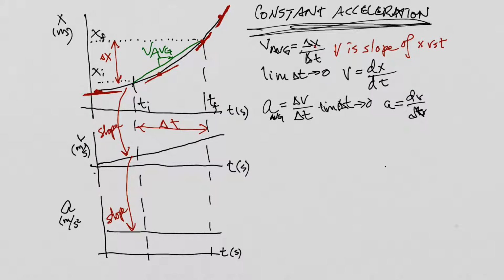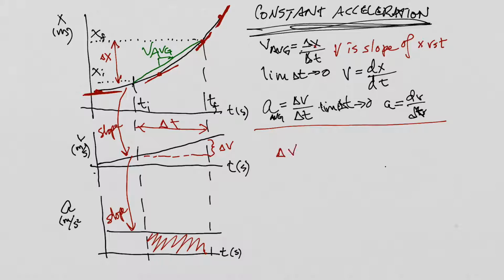Going back the other way, we do the integral, and that's the area under the curve. So this area under the curve is how much our velocity changed, delta v, over that period of time.